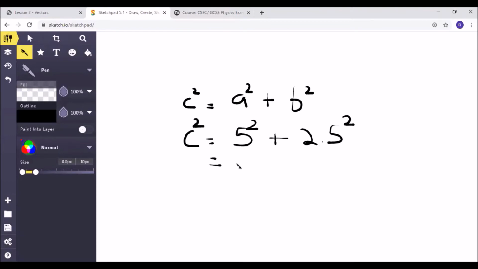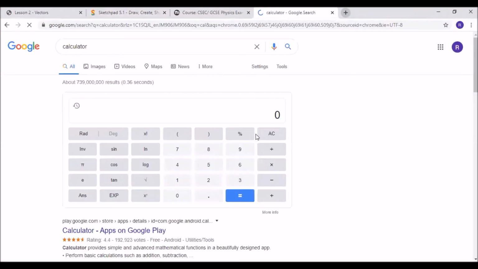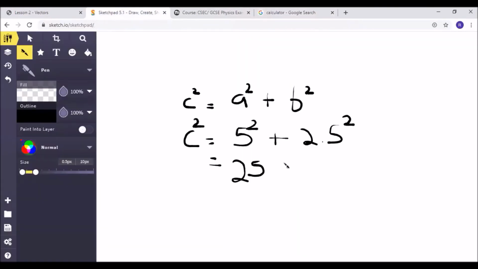So 5 squared we know is 25, and 2.5 squared, let's use a calculator for this. It's 2.5 times 2.5, and that gives us 6.25 plus 25.